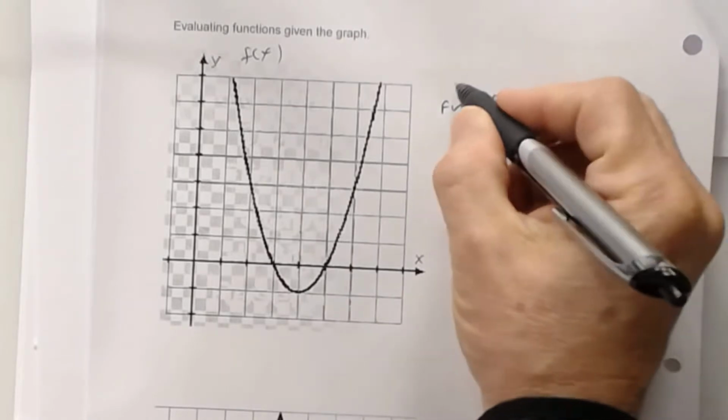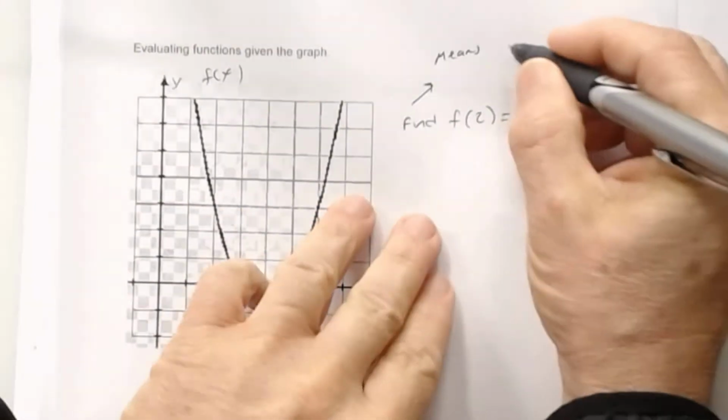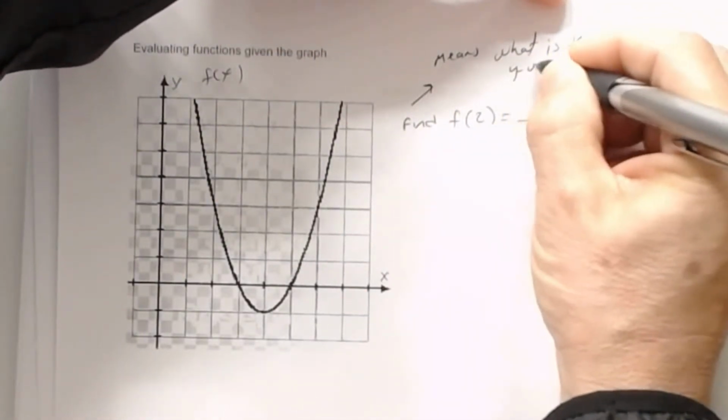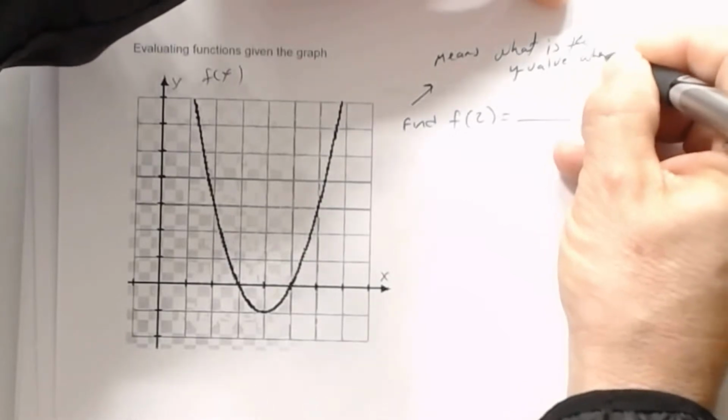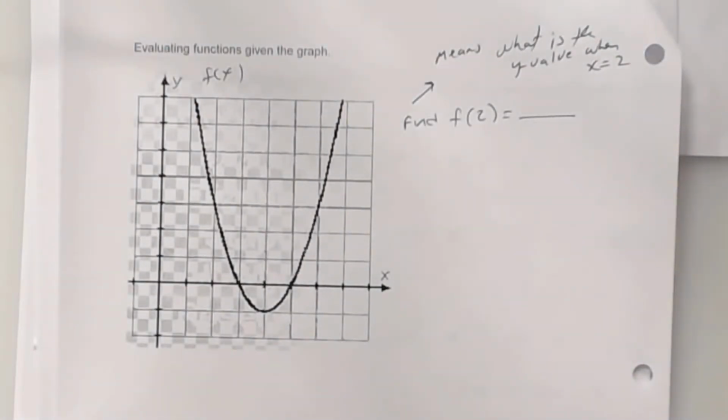That's what this means. So all you have to do is go to your graph and find out what is the point when x is 2.